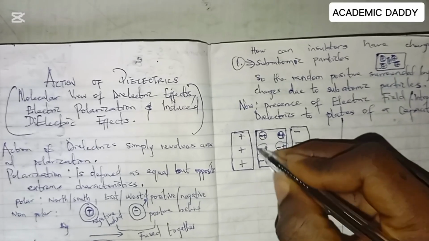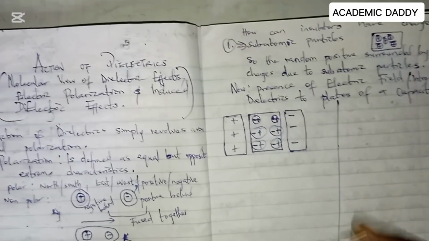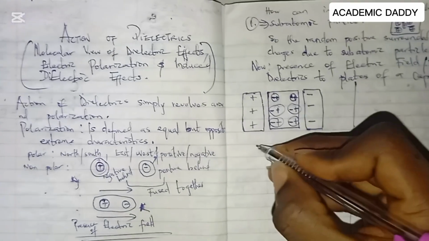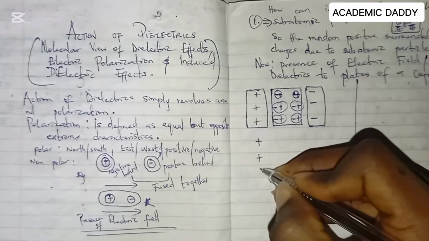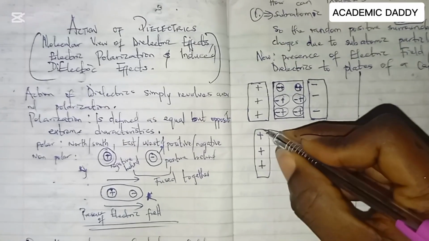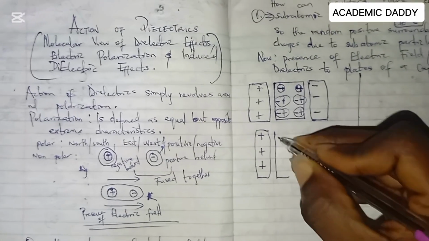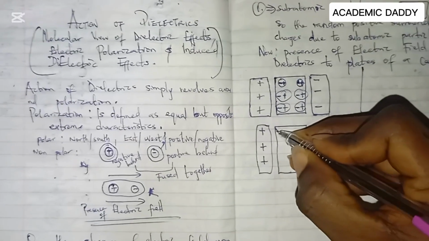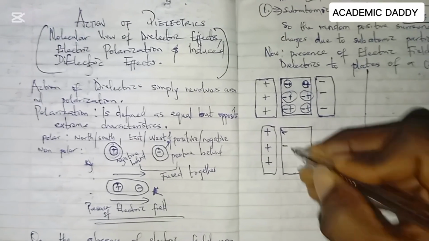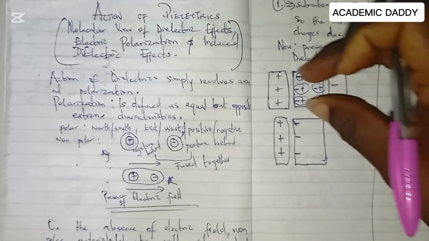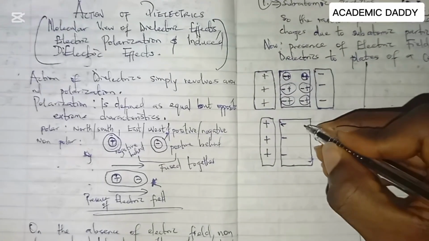So this is what happens with dielectrics, and this is what we call polarization. So you can see that by the time you check it well, the net effect that you have here is simply that everything you have on this end will now have negative, negative, negative, because the positive will totally be cancelled out, while the negative will totally be put to this side.